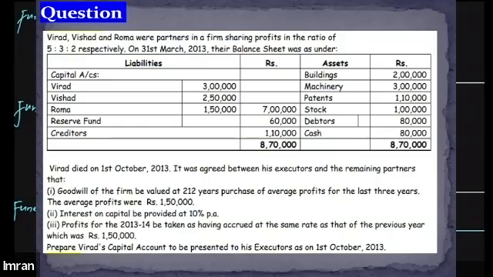So this is a simple question wherein we are required to prepare just one account, Virat's capital account only. We are not required to prepare the revaluation account or the balance sheet.